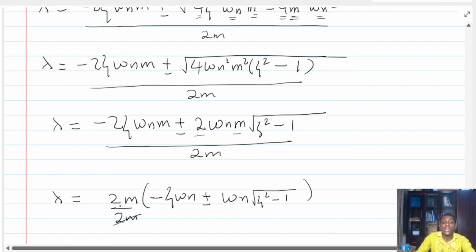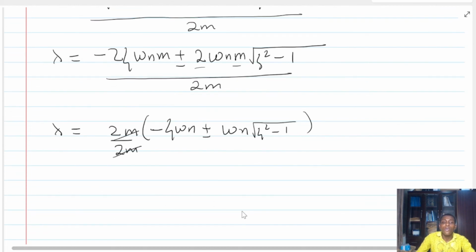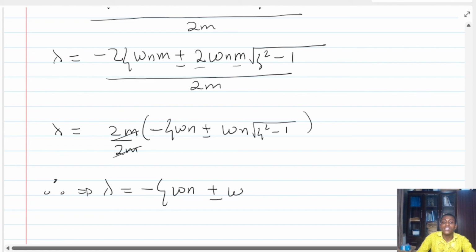In fact, 2m will cancel 2m. Therefore, I can say that lambda is minus zeta omega n plus or minus omega n root of zeta squared minus 1.